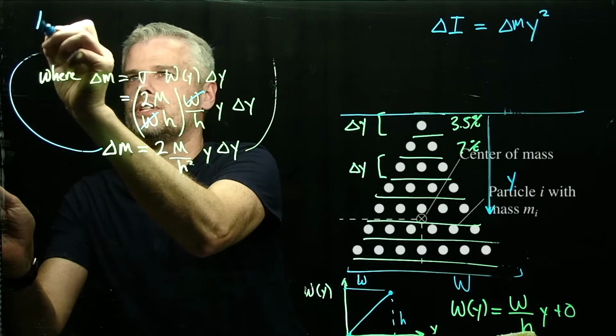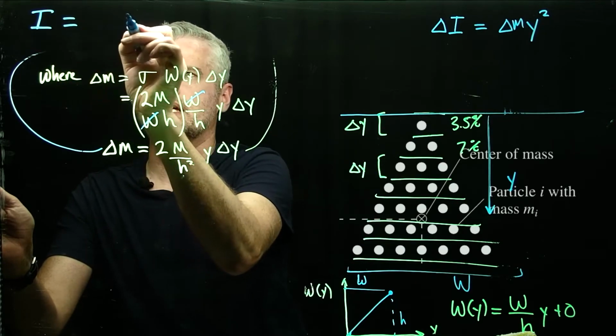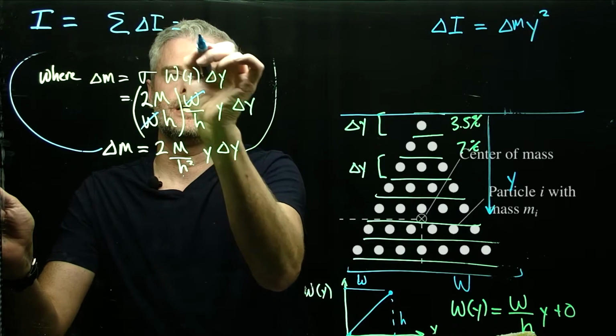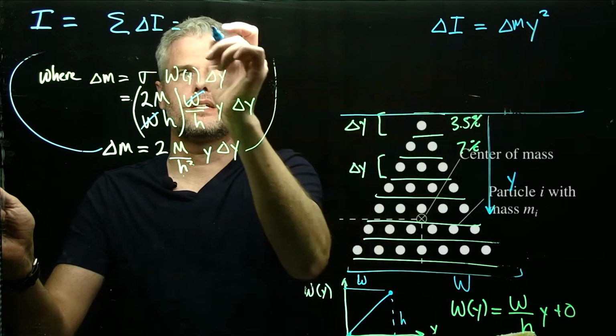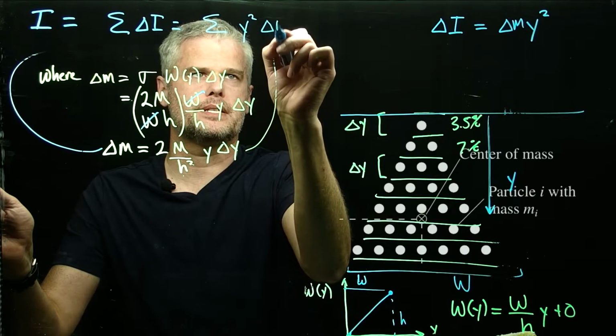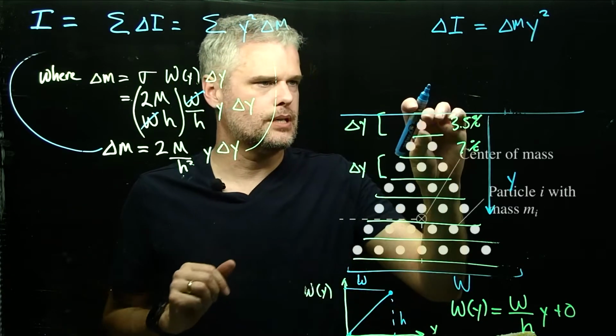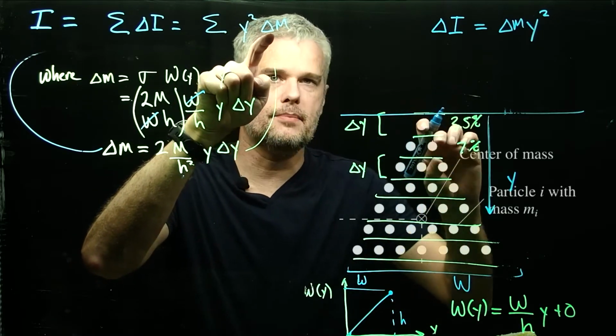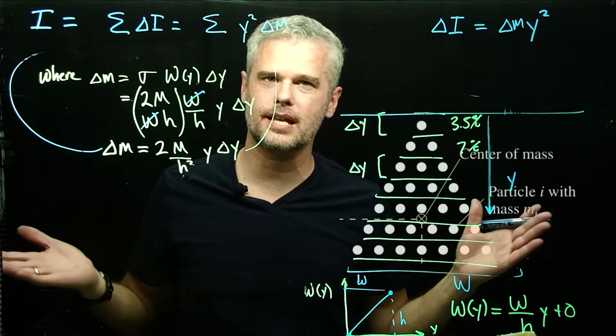So the moment of inertia is simply the sum of all the itty-bitty moments of inertia. So it's the sum of all the y squareds times delta m. Well, y is changing from slice to slice. That's the y squared. Delta m is changing from slice to slice, just like before.